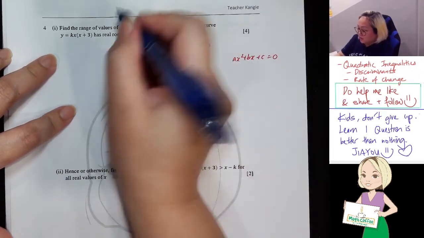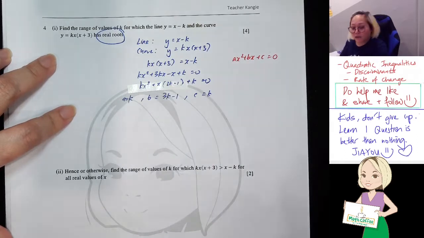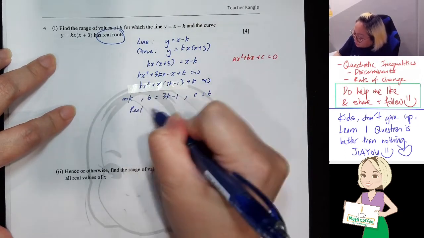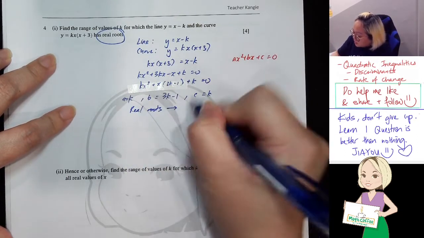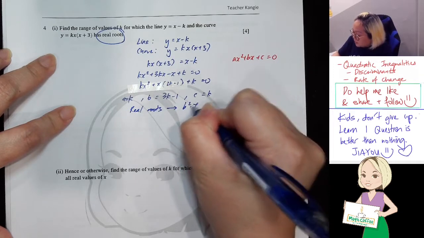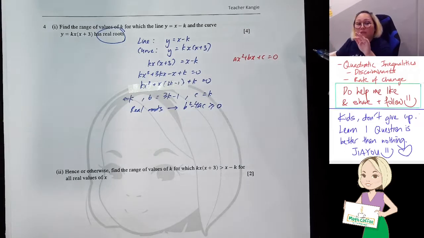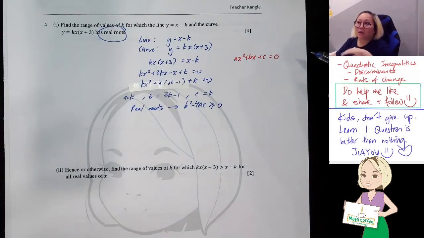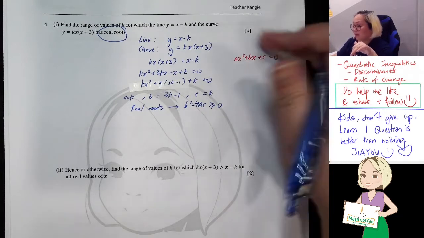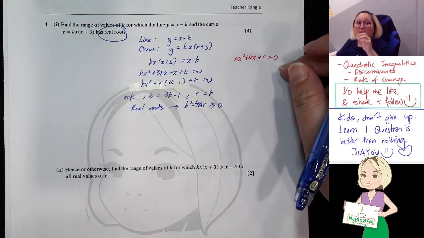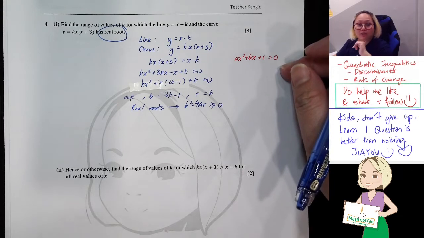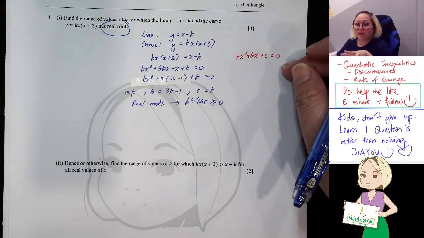Then, because they tell me real roots again, correct? Since they tell me it's real roots, I will just do b squared minus 4ac more than or equal to 0. This means you just need to do an additional step. The previous question was already in the form ax squared plus bx plus c. But this one you need to do an extra step, doing simultaneous first, and then after that, same thing.